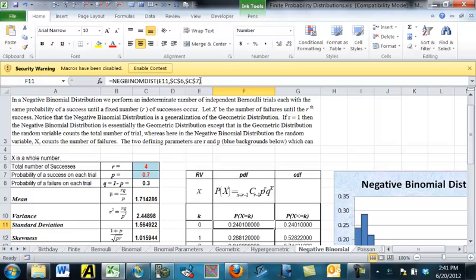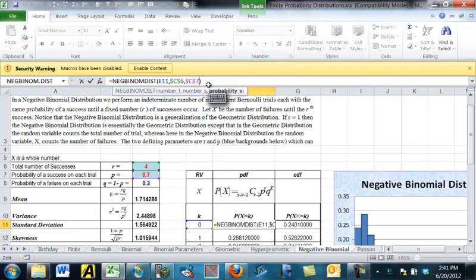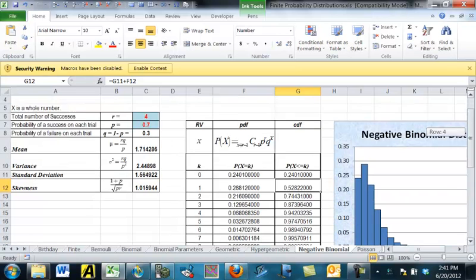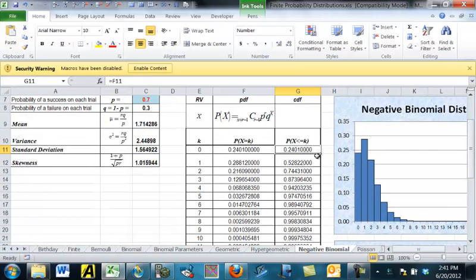Okay, and then I could enter that with a false after it to make sure it was a PDF. Over here, I actually could have done it a different way. I could have taken this same formula but added a comma true at the end, and it would have worked out the CDF.